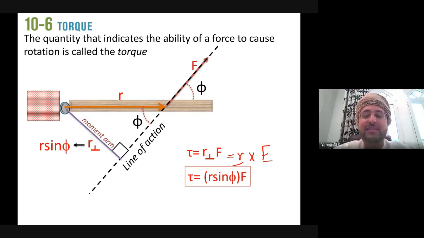This is not just times. This is the cross product from vectors. Remember, A cross B, r cross F. In easy cases, this is the same as rF sine theta or sine phi. And its units are Newton meters.